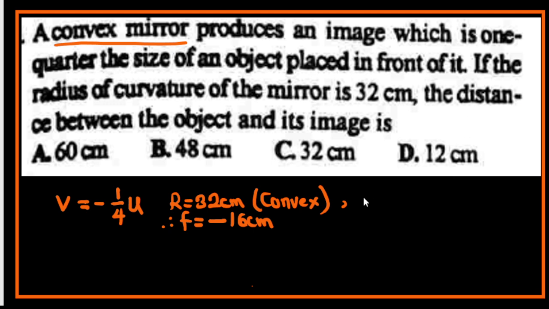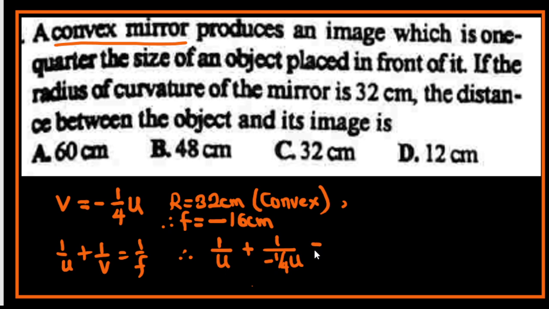So first thing first is to try get U. We have 1 over U plus 1 over V equals 1 over F. So I can say 1 over U plus 1 over V, where 1 over V is minus 1 over 4U, equals minus 1 over 16.